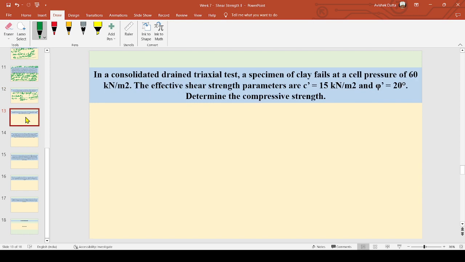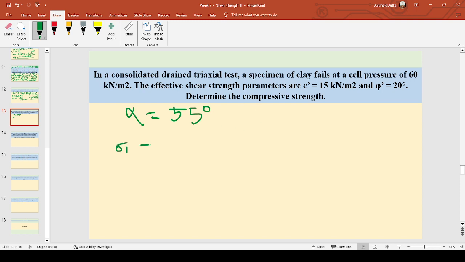Consolidated drained triaxial test. Again, we have been given the c, the phi, and the cell pressure. From this phi value, we can find out the value of alpha as 45 plus phi by 2. Phi is 20, so 45 plus 10 gives us a value of 55 degree, the angle of the failure plane with the major principal plane. So we can get the value of sigma 1.